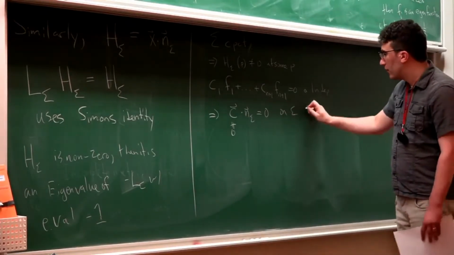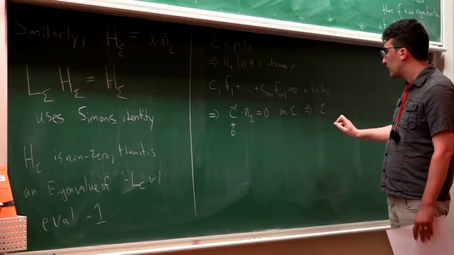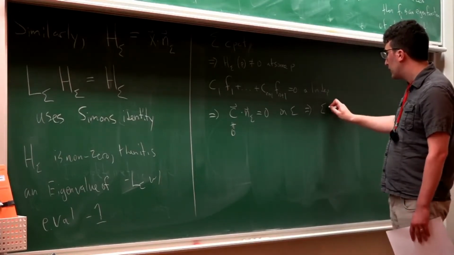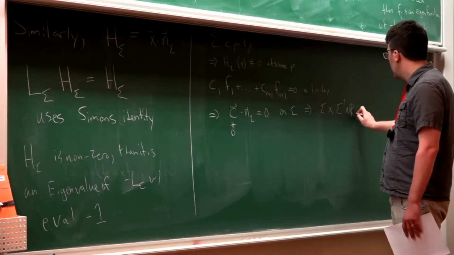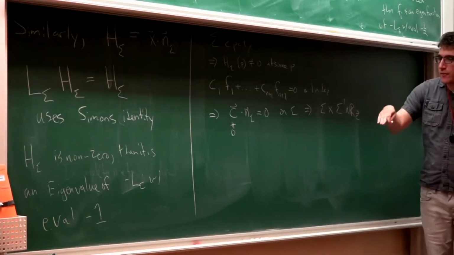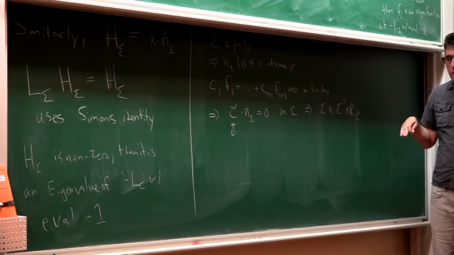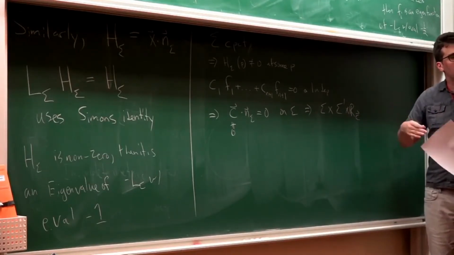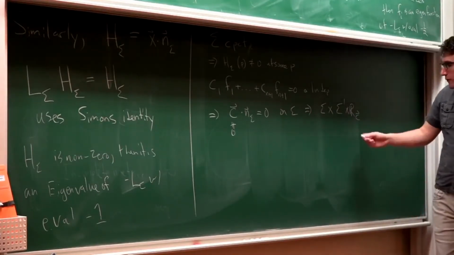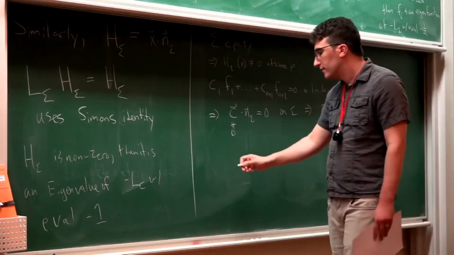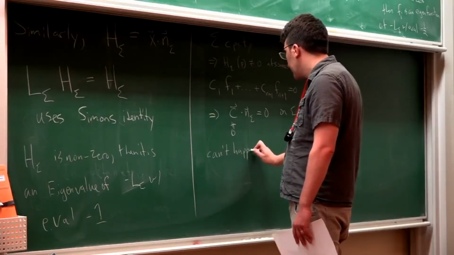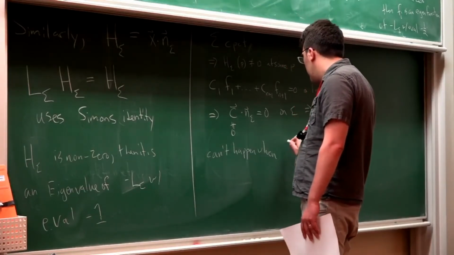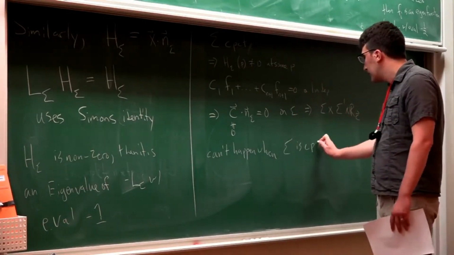This implies that sigma splits as a line times sigma prime, across some R. If you have a constant vector that's tangent everywhere to the surface, then it's invariant under translation in that direction, which can't happen when sigma is compact.